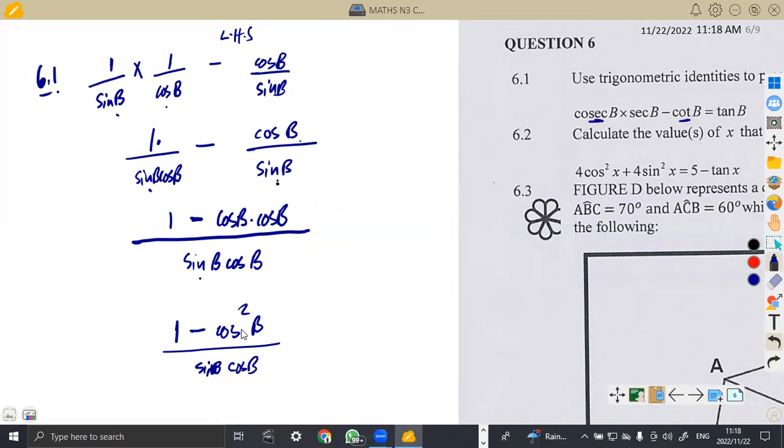All right. On 1 minus cos squared B, we were supposed to come back to this identity. We know that cos squared B plus sine squared B is equal to 1.